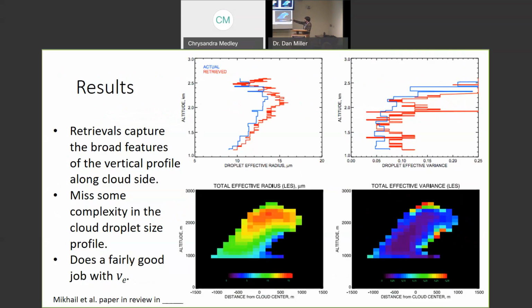And if you take the actual cloud profile and you trace along the location that you say is the co-located location of that retrieval, you actually get something that's pretty similar. It's very good at the effective variance and not so good at the effective radius. And there's a reason for that too.